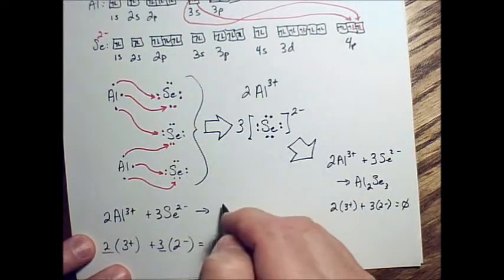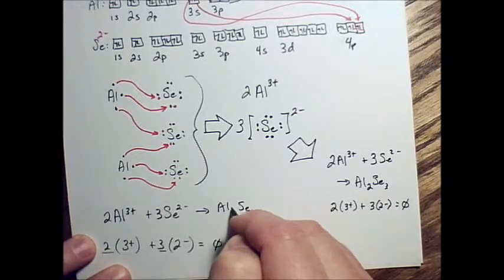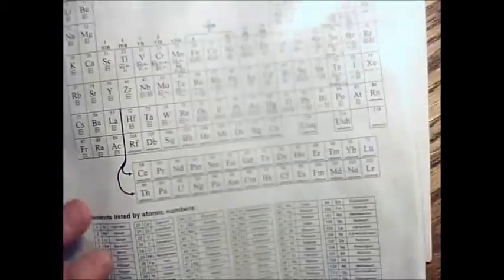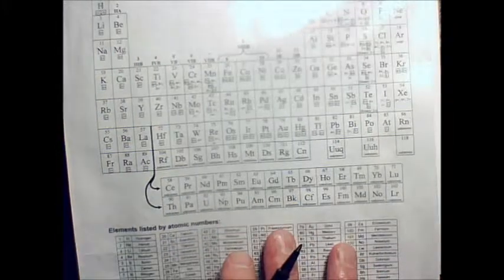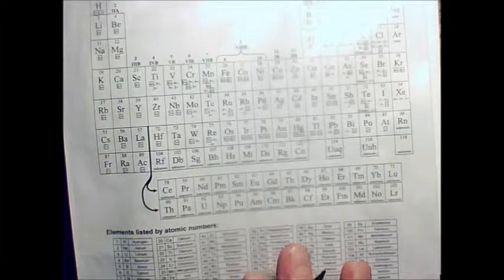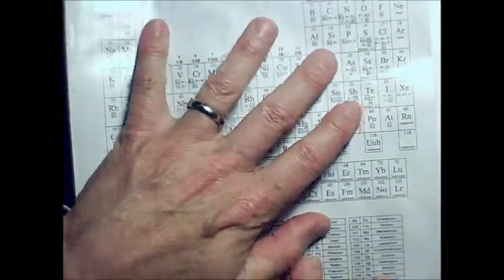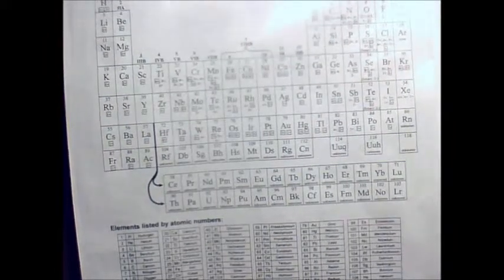So we end up with Al2Se3. An oxidation number is a number assigned to an element to help make balancing the formulas easier. And that's all those are. They're assigned numbers that make balancing formulas easier. Okay? Does that make sense?